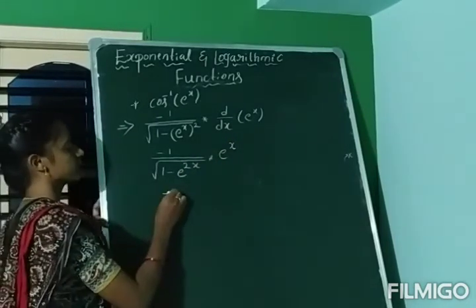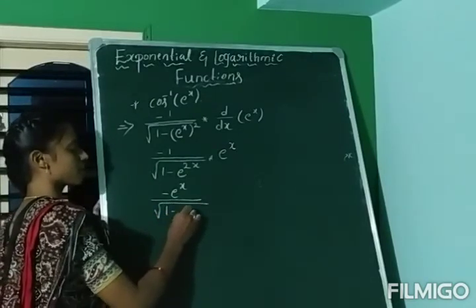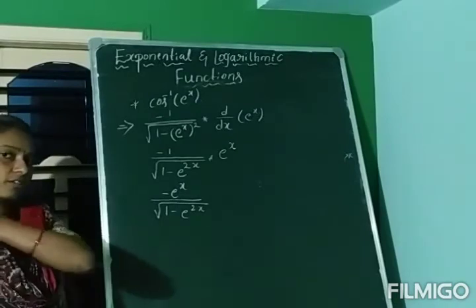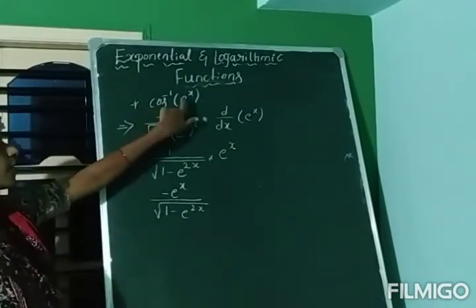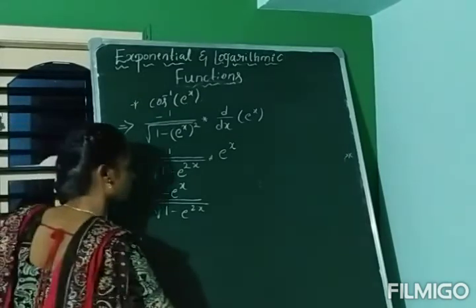We can write minus e power x divided by square root of 1 minus e power 2x. This is the derivative of the given inverse function along with the exponential.